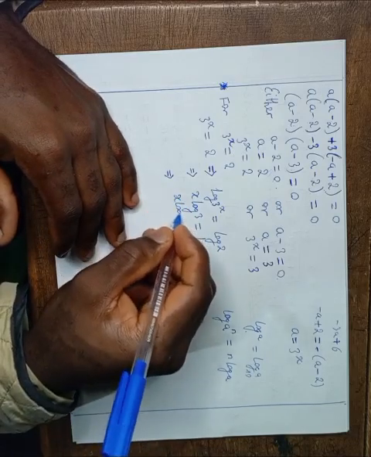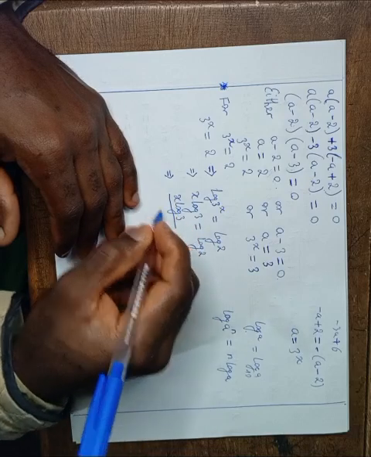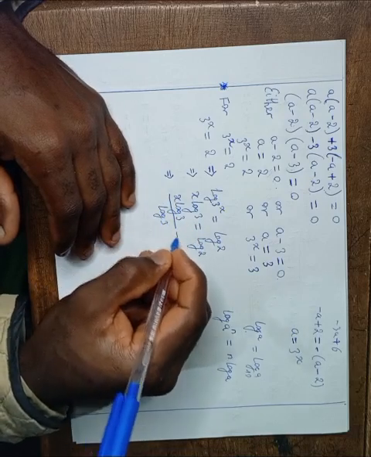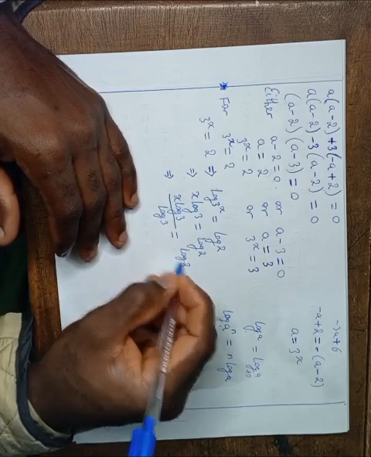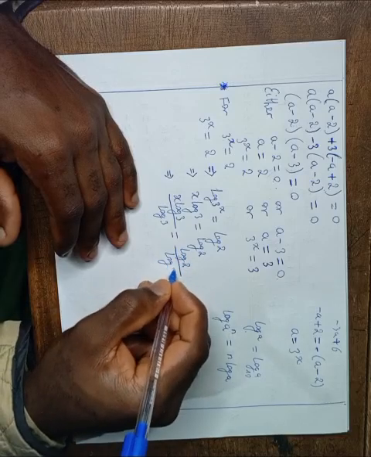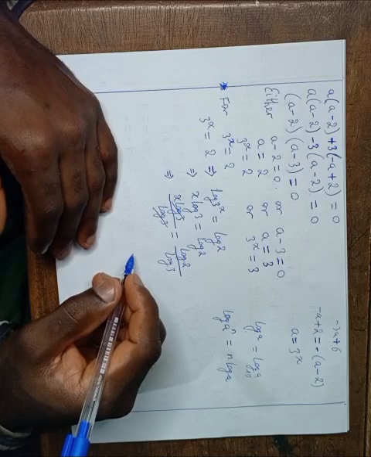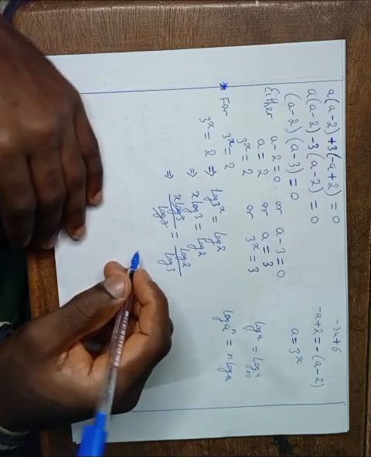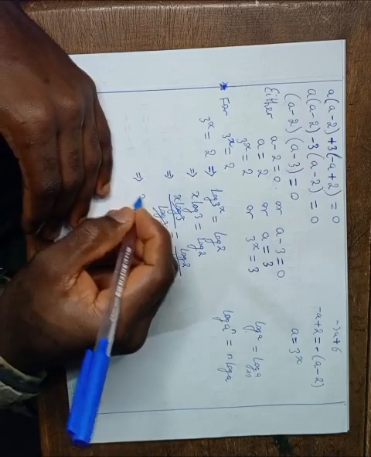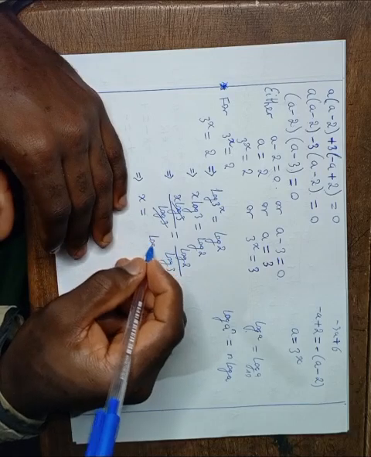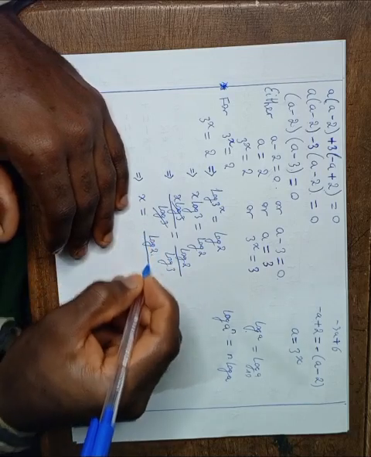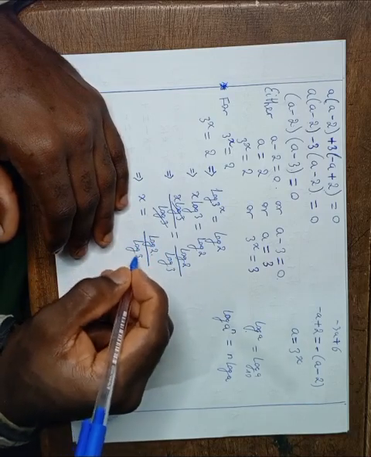This will give us x log 3 divided by log 3 is equal to the log of 2 divided by the log of 3. Log 3 will cancel log 3. They are constants. We are simply going to obtain our x as the log of 2 divided by the log of 3.